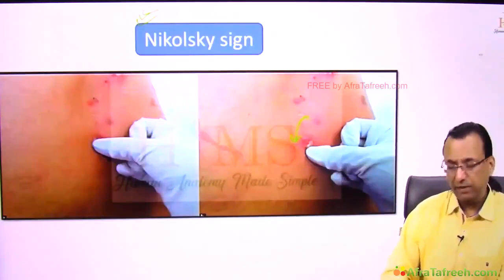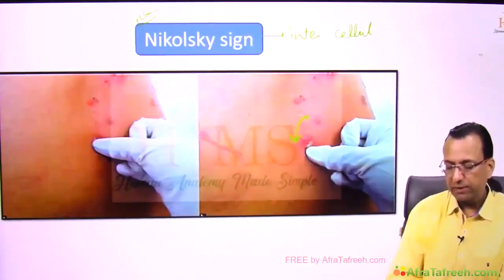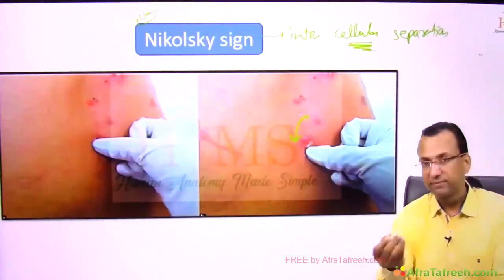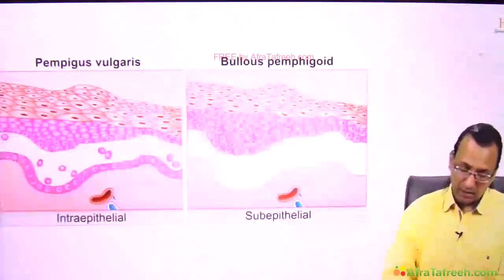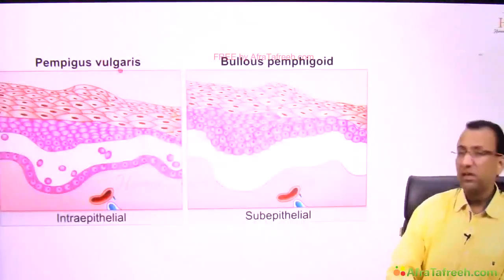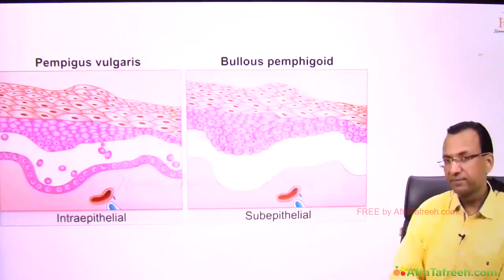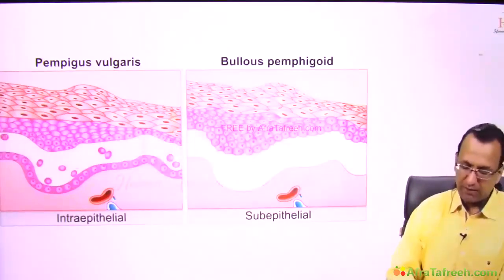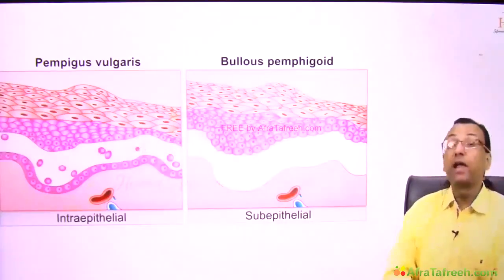And why is that happening? Because there was some intercellular separation, a feature of pemphigus vulgaris. In pemphigus vulgaris, as we have learned earlier, layer number 4 is involved. What is layer number 4? That is stratum spinosum. The stratum spinosum has desmosomal attachments, they are destroyed, and then there will be an intraepithelial lesion.